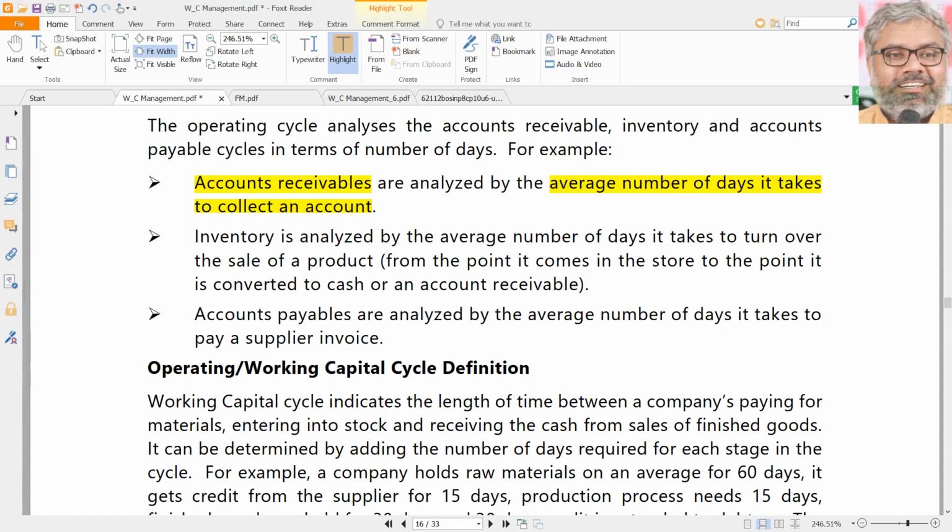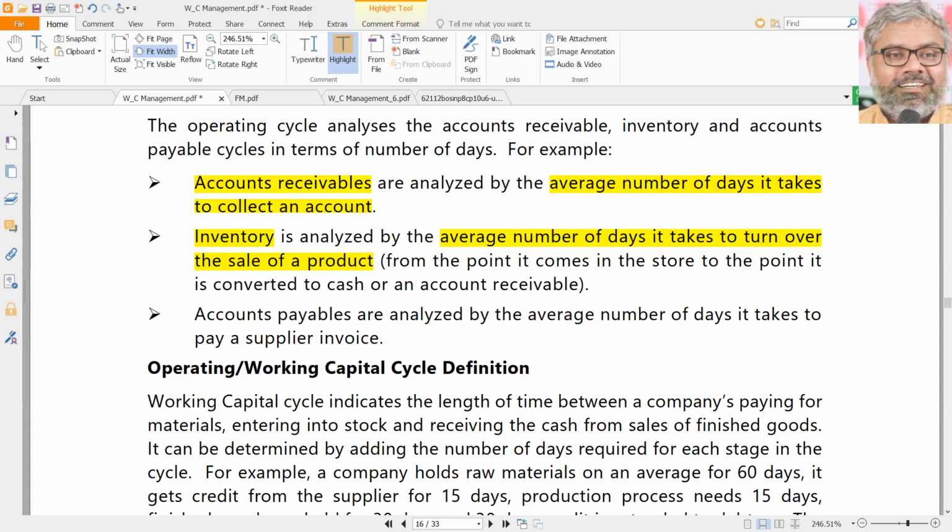Same way, inventory holding period, we know, can also be analyzed by knowing the average number of days it takes to turn over the sale of a product. So that is inventory turnover ratio, which is in the denominator. If 360 or 365 is in the numerator, we'll get the number of days the inventory is going to be in the godown before it is being sold.